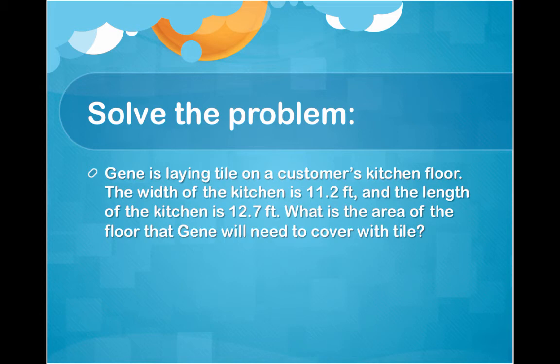So to find the area, we do the problem length times width. And we know the width is 11.2 and the length is 12.7, so we have to multiply those 2 numbers together to find out how much space on that floor is going to need covered with tile.